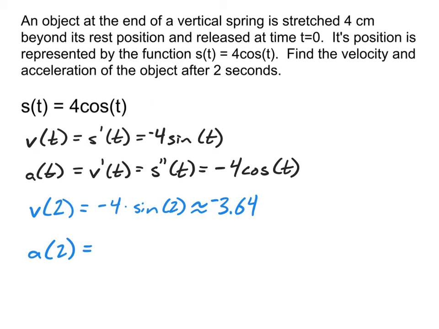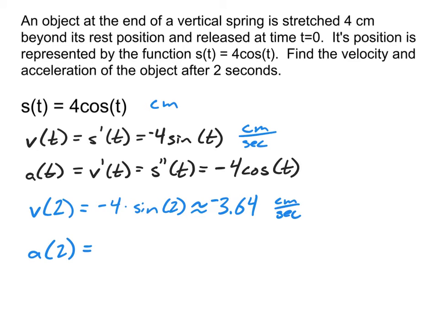So if that's measured in centimeters, when I do the derivative, remember it's the derivative with respect to time. So that would be centimeters over the time. And the time here is measured in seconds. So that would be centimeters per second for our units there.